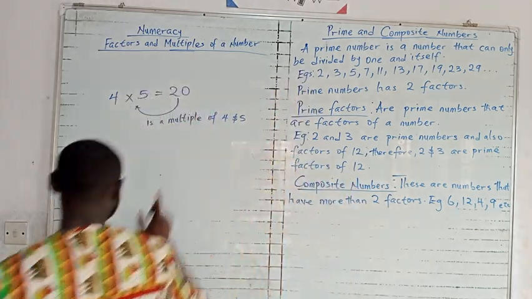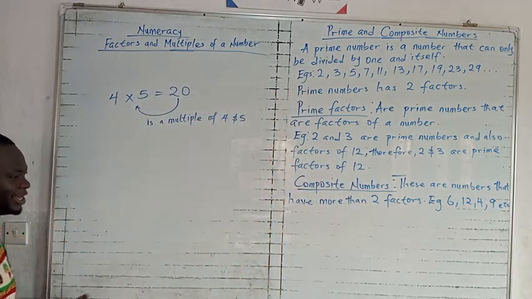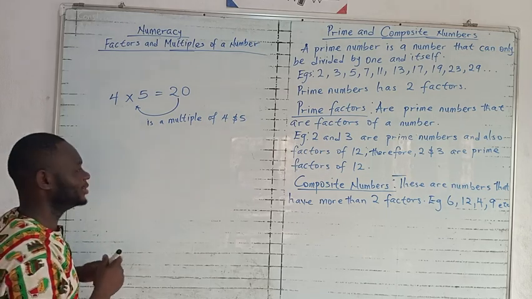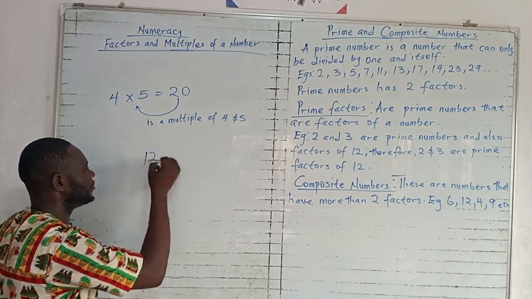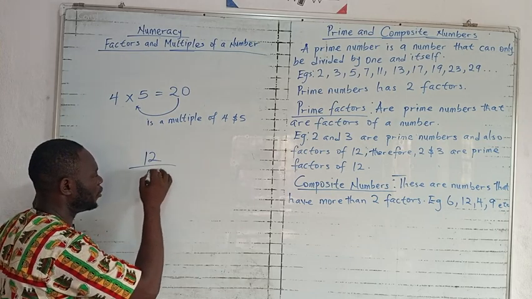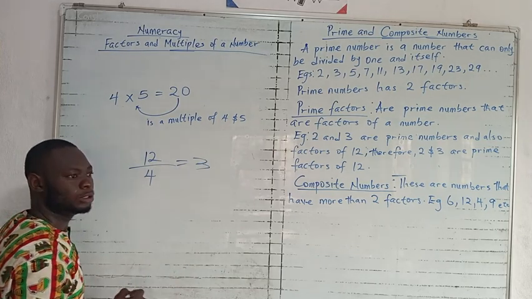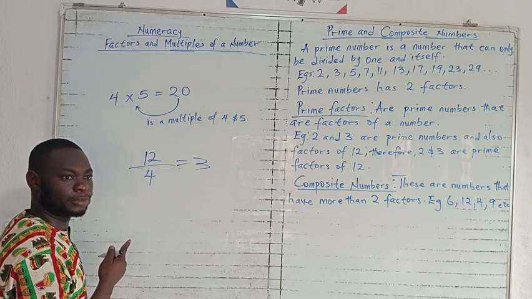Let's link them. Remember that in multiplication and division, we said that 12 divided by 4 equals 3. That's what division says. Okay?